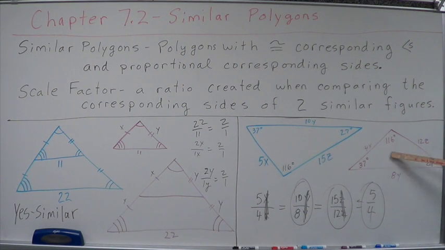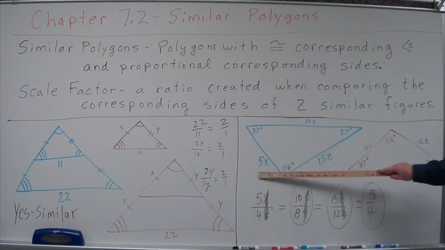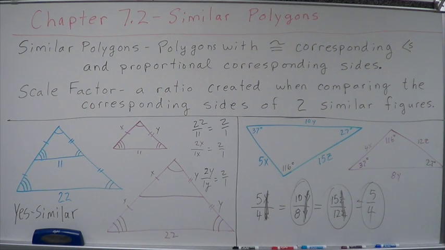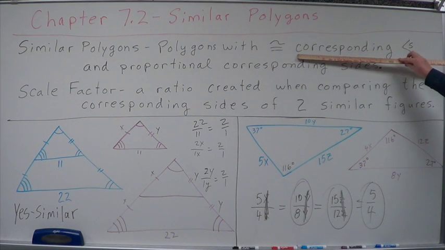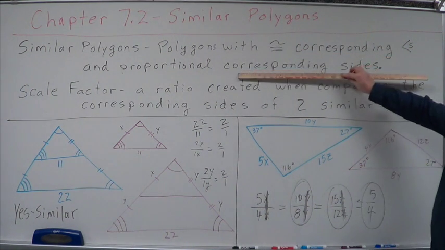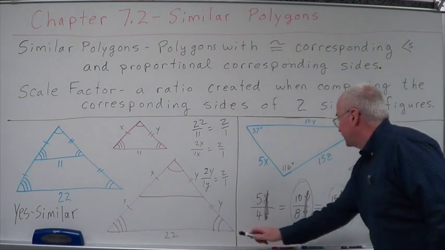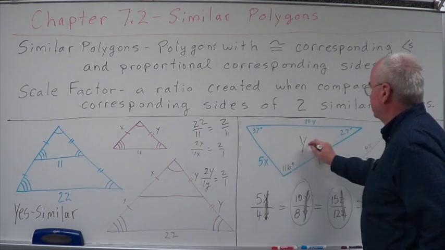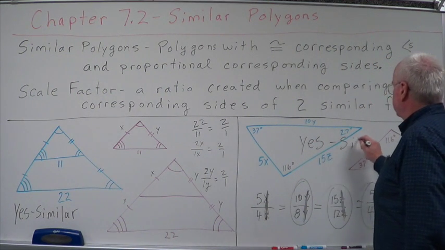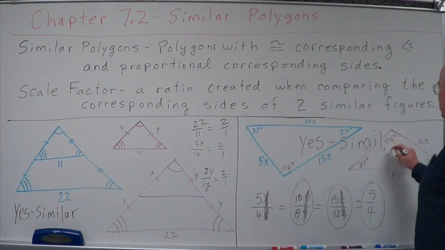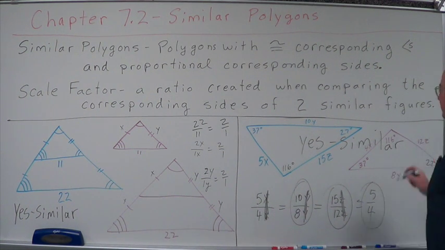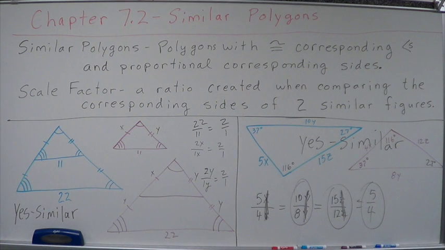This one's smaller by 4/5. This one's larger by 5/4. Alright? So we have congruent corresponding angles and proportional corresponding sides in both situations. So yes, they are similar. Both of those are similar.